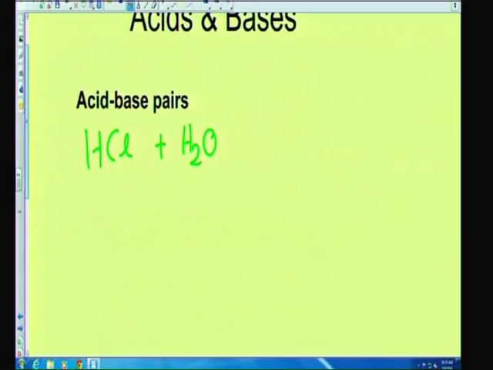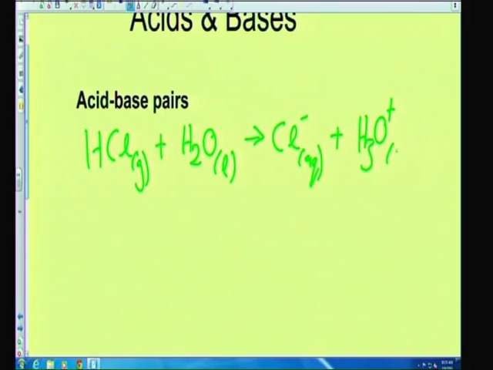This is one of the easiest ones to look at. And we're going to say that produces chloride ions, and we're going to have hydronium ions, H3O+.